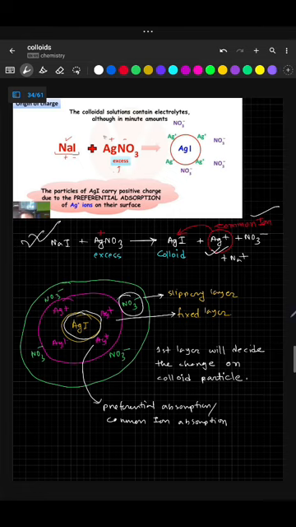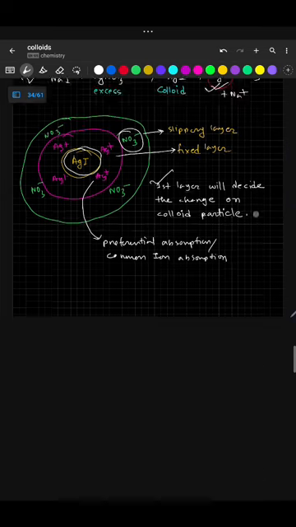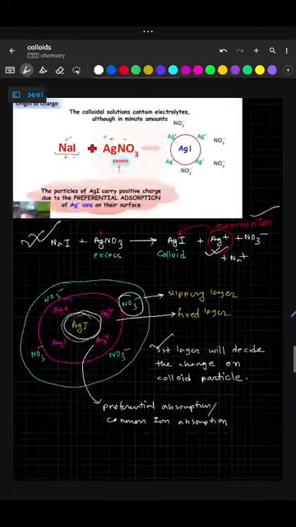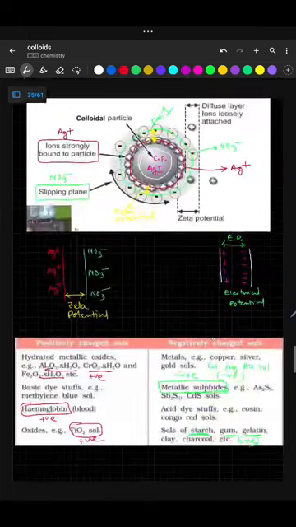The first layer will decide the charge on the colloidal particle, and the first layer will be chosen by preferential absorption or common ion absorption. We have seen before that if you take a colloidal particle, let's suppose it's silver iodide, it has two layers. We have seen why it gets two layers.